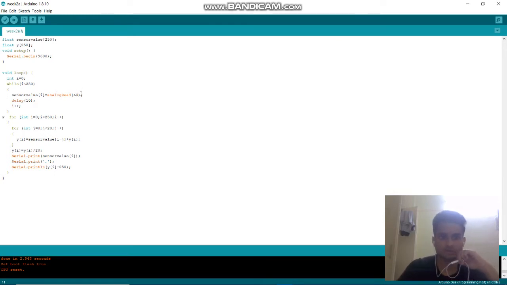This line of code will store the value that the board will read at the port A0 to the sensor value I, and then we delay by 10 milliseconds so as to collect the next value. We implement this code to get the input from the sensor to our variable sensor value. The rest of the code is same as last week.